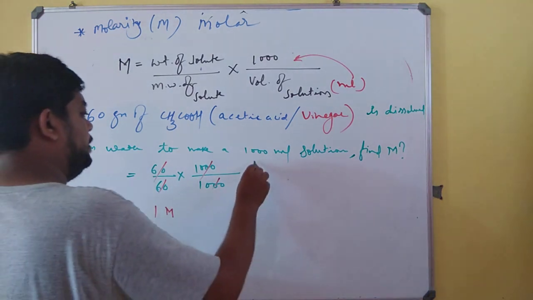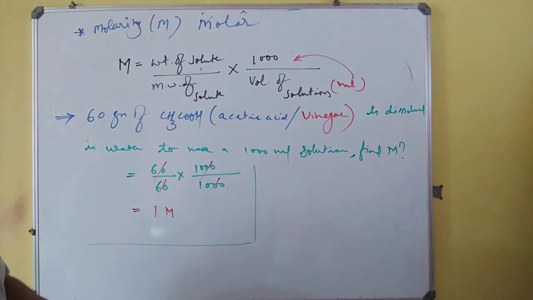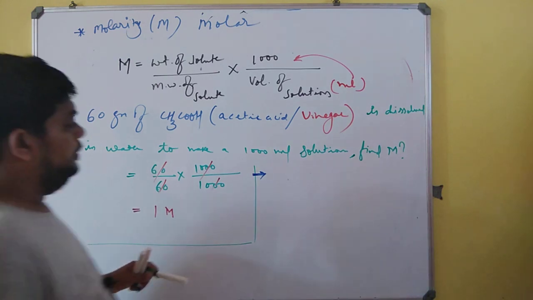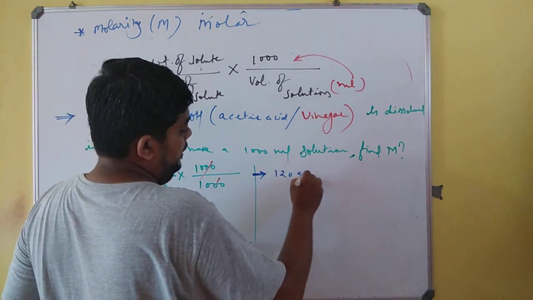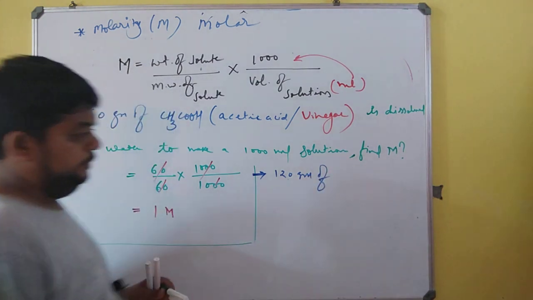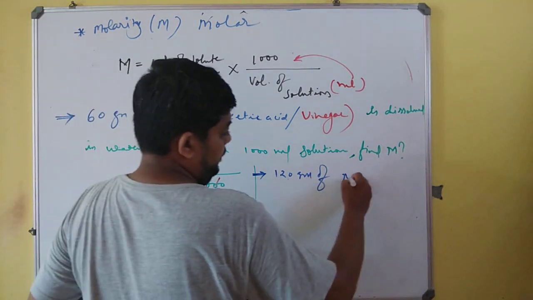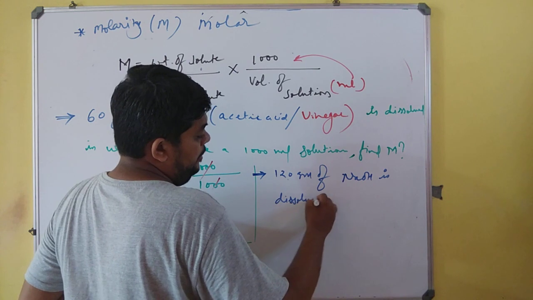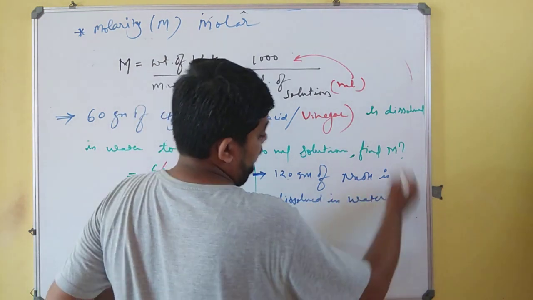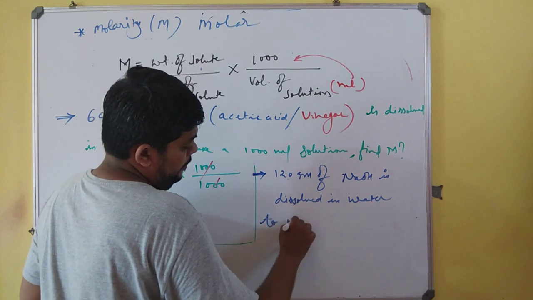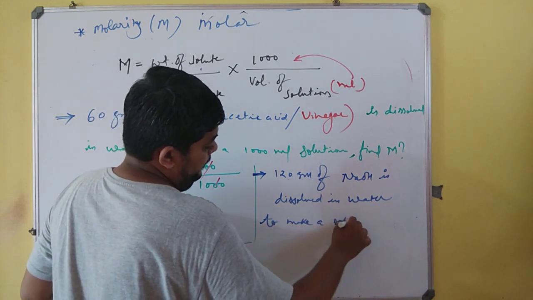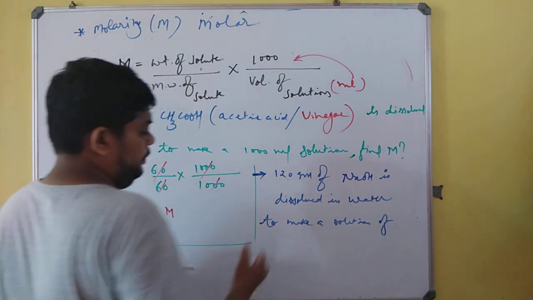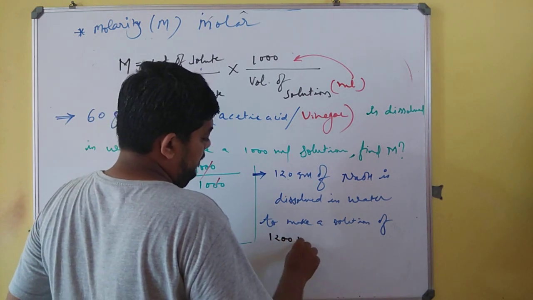Let us take one more question and move ahead. If we are asked to solve something like this: 120 gram of NaOH is dissolved in water to make a solution of 1200 ml.